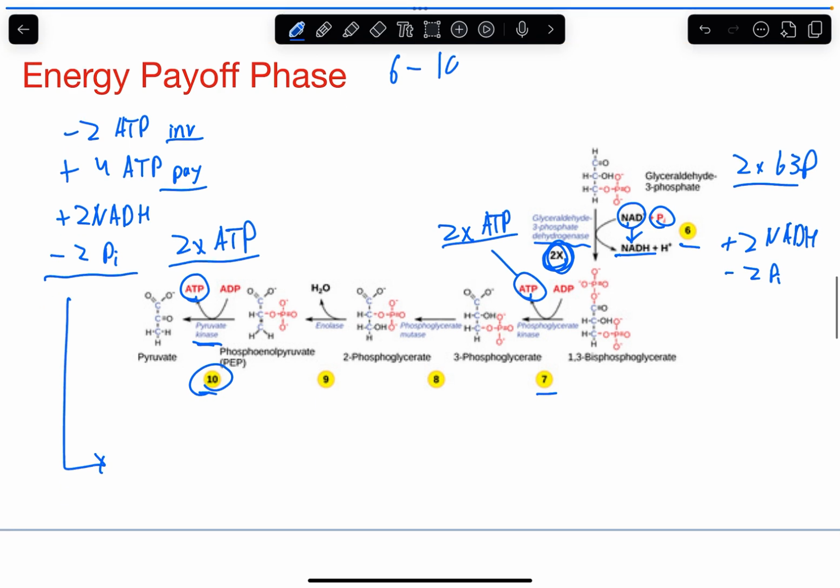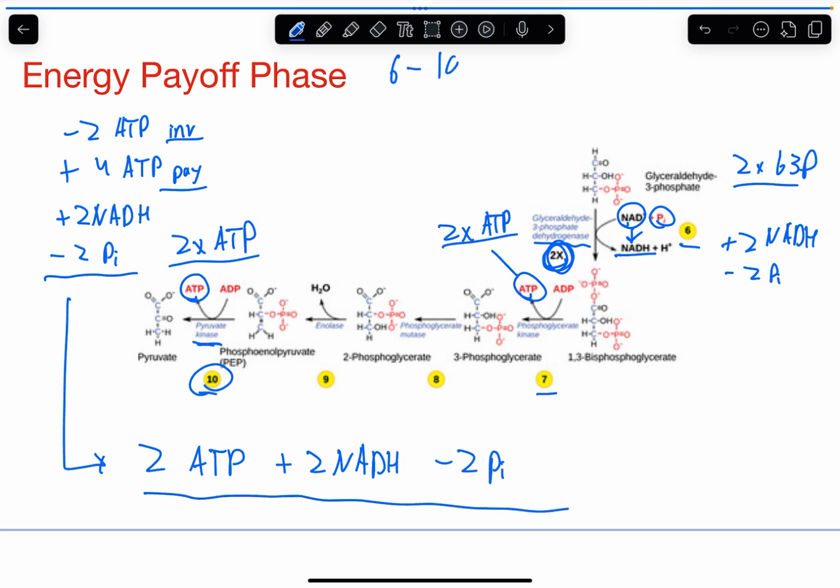Total, we have a gain of 2 ATP, a gain of 2 NADH, and then we have a loss of 2 inorganic phosphates, right? So these are the final products of glycolysis. And remember, this is all happening in the cytosol and can be anaerobic, with oxygen or without oxygen, okay?